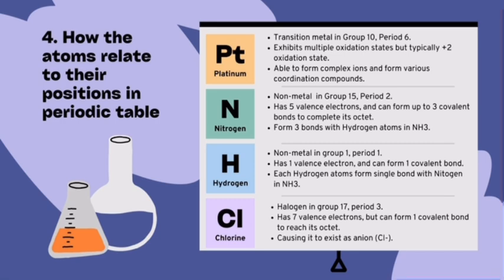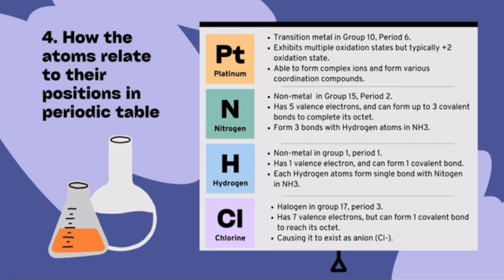Second, we have nitrogen. Nitrogen is a non-metal in group 15, period 2. Nitrogen has 5 valence electrons, and it can form up to 3 covalent bonds to complete its octet. However, nitrogen also has 1 lone pair.